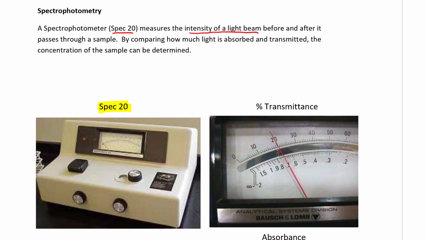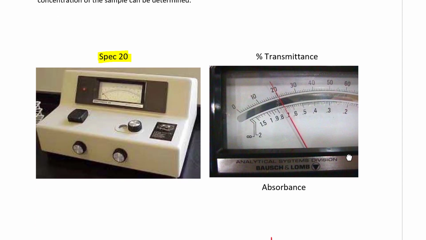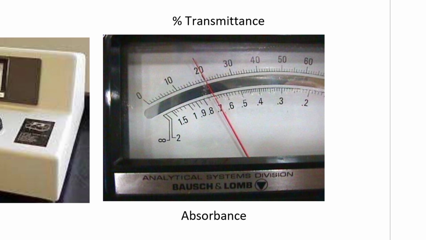This is what it looked like on the spectrophotometer. We had percent transmittance on the top, and we had absorbance along the bottom. Notice the scales. For percent transmittance, this is a linear scale. Every box here is worth 1. On the bottom, however, it is not a linear scale.